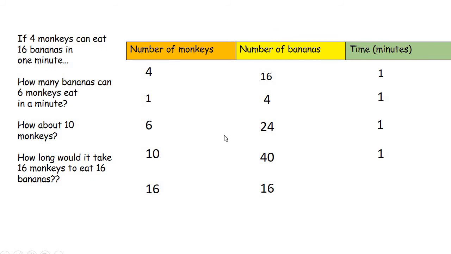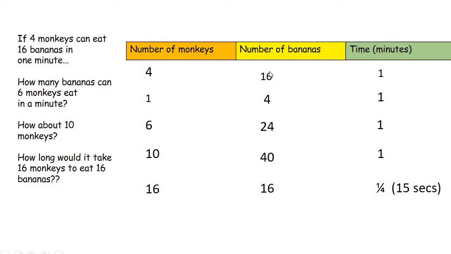The common mistake is to think, oh, we'll multiply by 4, but actually we're going to divide the time by 4, because 4 times as many monkeys will take 4 times less the amount of time, theoretically anyway. So we're going to do 1 minute divided by 4, which is a quarter of a minute, or 15 seconds, because there's 60 seconds in a minute. Divide that by 4 is 15 seconds.